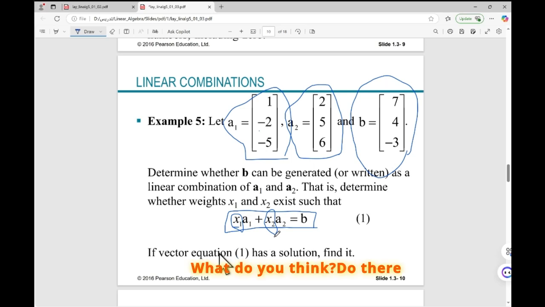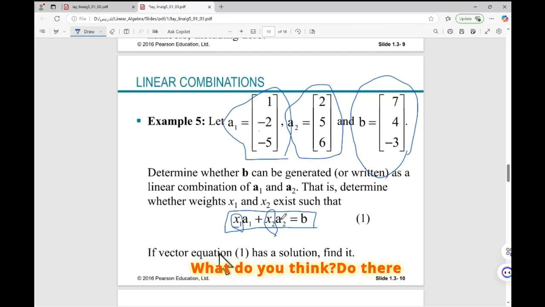What do you think? Do there exist numbers or scalars x1 and x2 such that x1 times a1 plus x2 times a2 gives you b? If we have such numbers x1 and x2, then we can write b as a linear combination of a1 and a2.